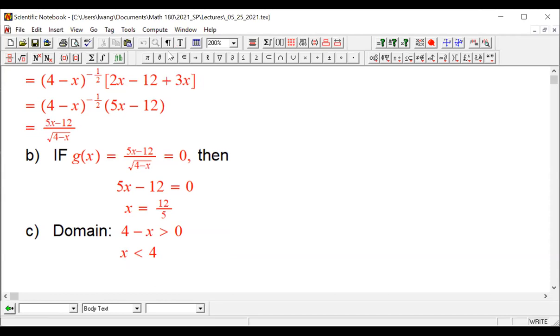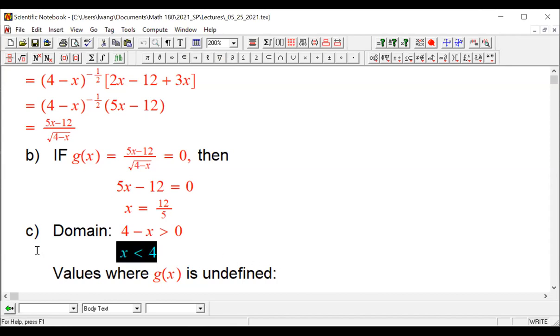So values where g is undefined are going to be the opposite of it. The opposite of x less than 4 is x larger than or equal to 4. For now you just do that. That's fine.